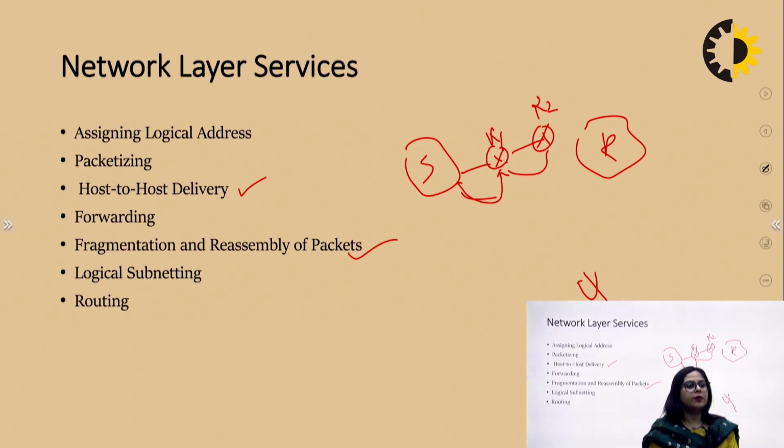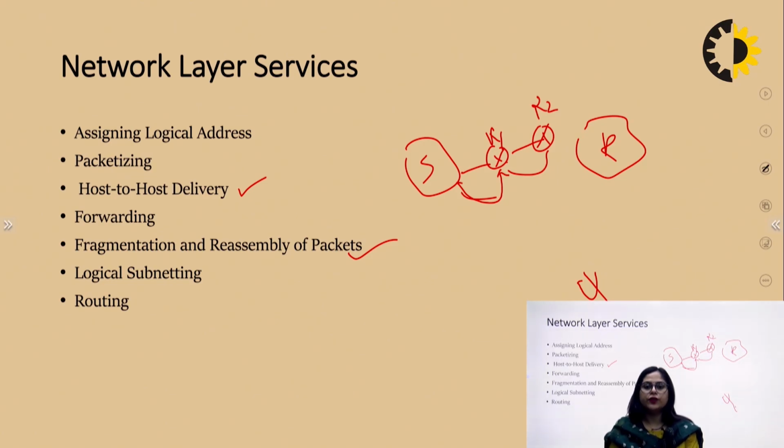It means that if the data a sender wants to send is greater than the capacity of the channel, or if the capacity of the receiver is less than that of the sender, then we can fragment that data. We can divide the data into multiple fragments and then send it to the destination. Those fragments go through different routes.